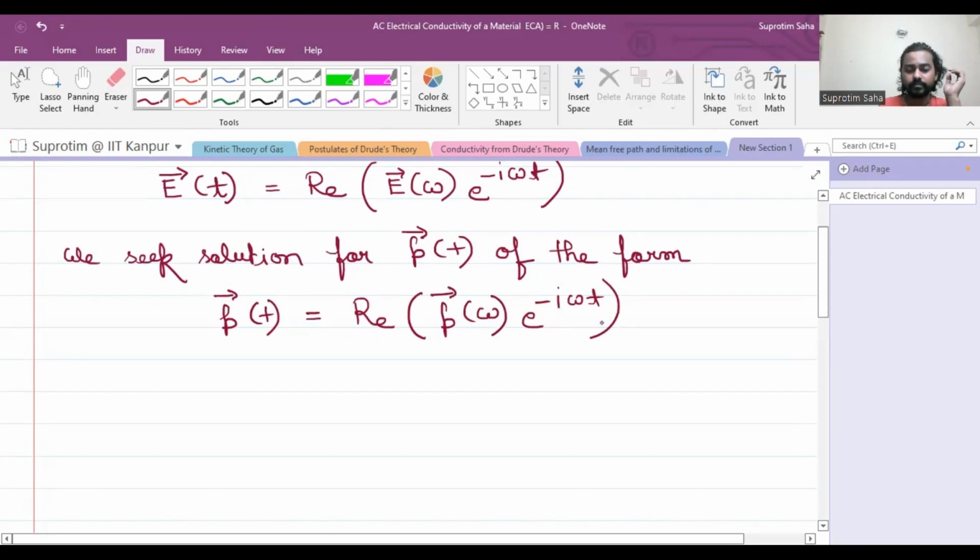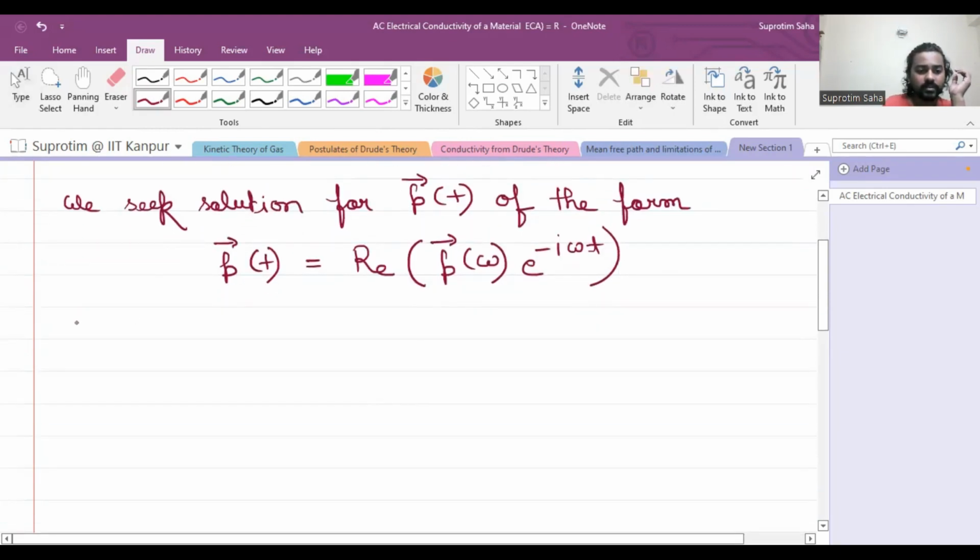So this is the solution for steady state.